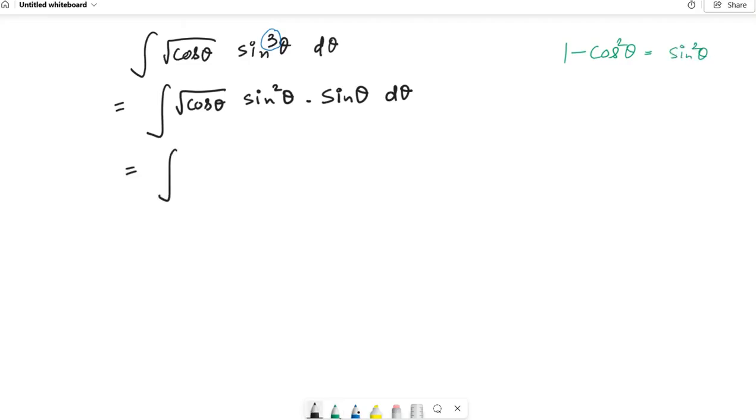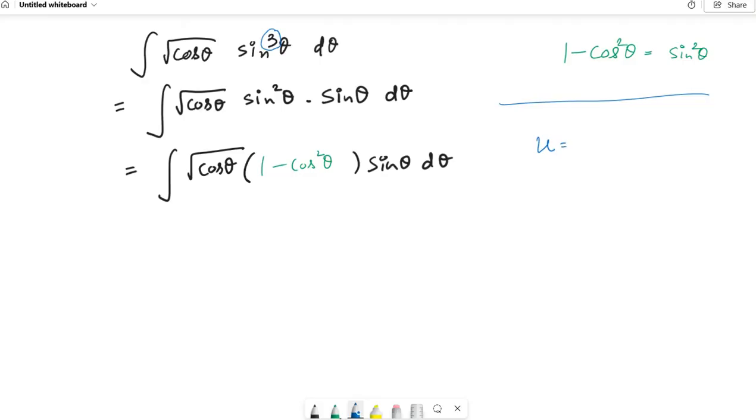So this would be the square root of cosine theta. This sine square theta can be replaced by 1 minus cosine square theta times sine theta d theta. When you have this here, you're going to use the u sub technique and put u as cosine theta.